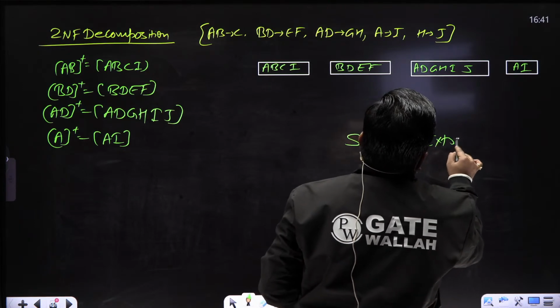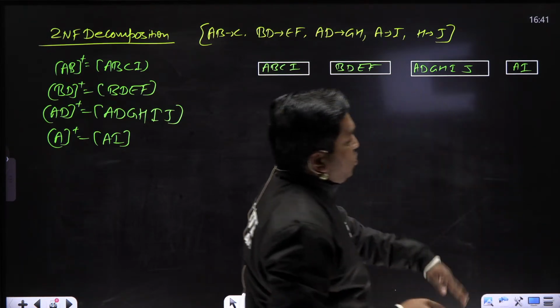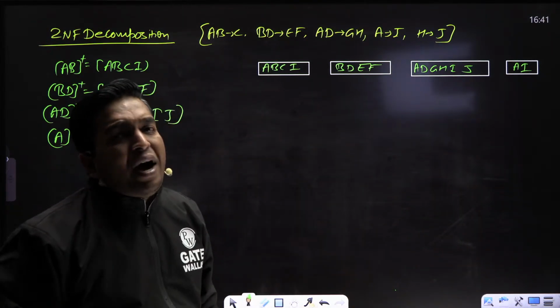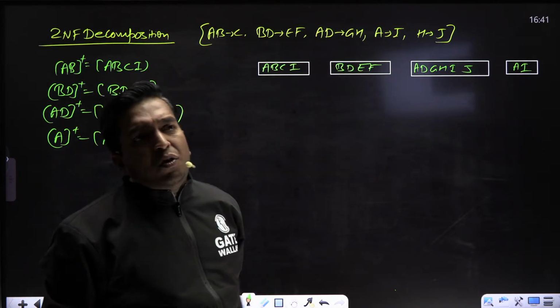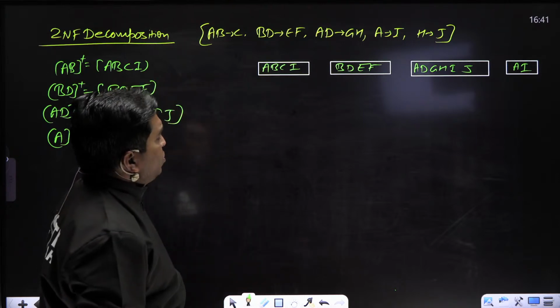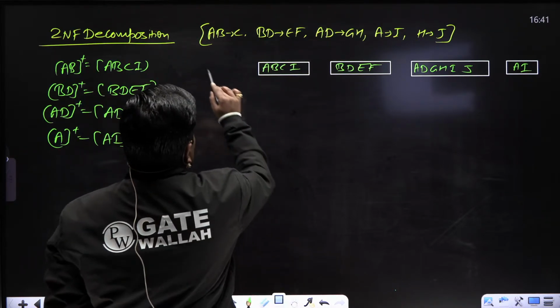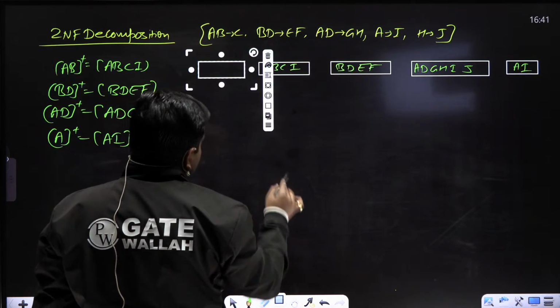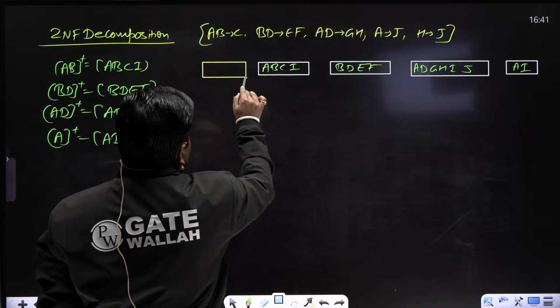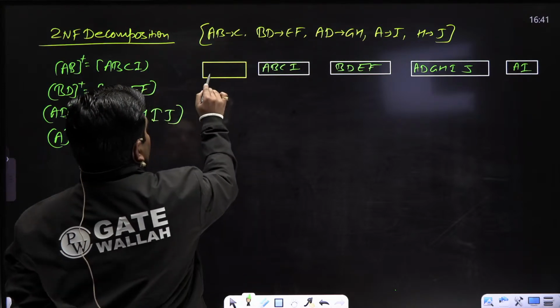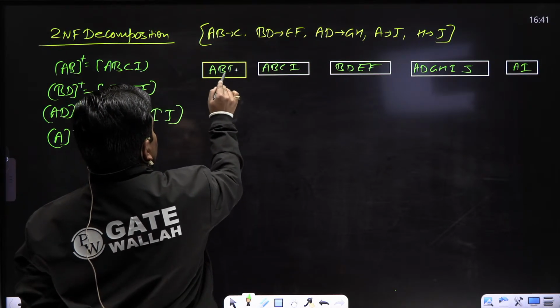You will get spurious tuples, my dear student, because it will be a lossy join. Why? There is no common attribute. You will not get the original candidate key, and D also you will not get. So what we have to do? We have to maintain the original candidate key also.